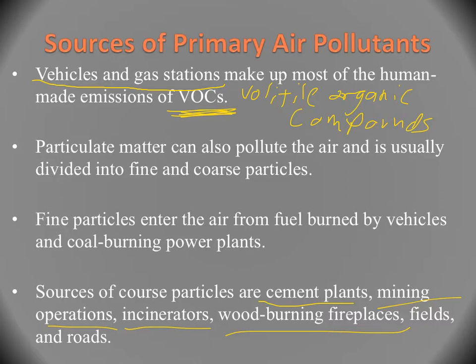It's a different class that involves a ton of different chemicals, but they're put there mostly, like I said, from burning stuff and from mining. You blow something up with some dynamite, you're throwing some dust into the air that shouldn't have been there. And that's a type of primary pollutant.